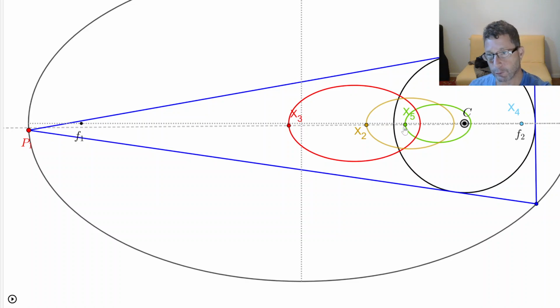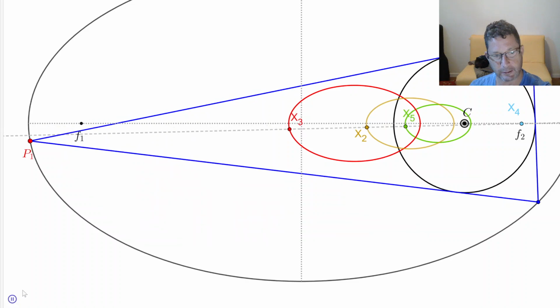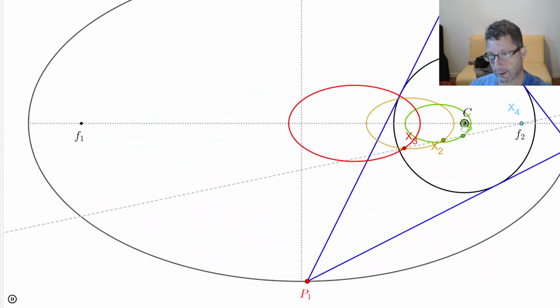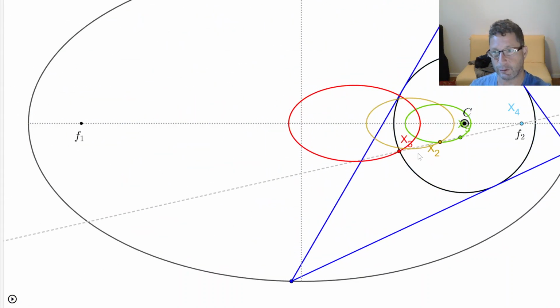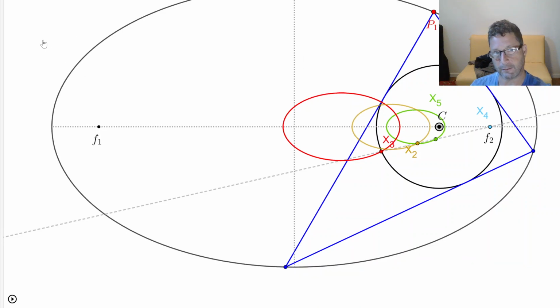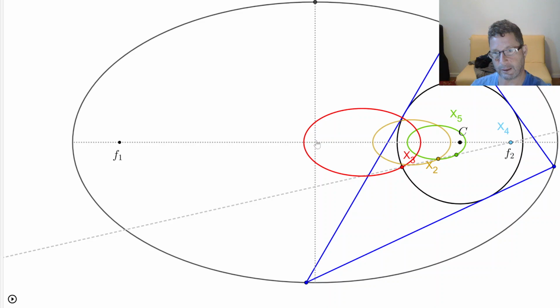Okay, first of all, x5 still has one of its foci at C. Now look at what's happening to x3. x3, whose major axis will contain C, seems to have a focus at the center of the outer ellipse. How cool is that? So this is the center of the system, and I'm eyeballing one of its foci now, when x4 is out here and has shrunk to a point, is the center of the outer ellipse.